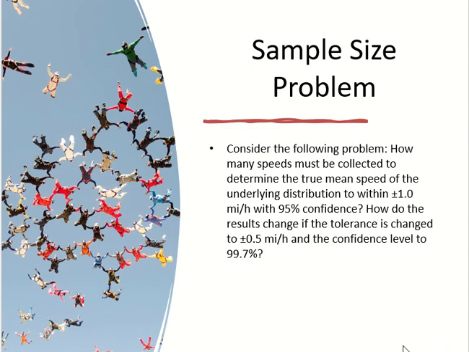Okay. So for example, if you have this problem, we have to find out how many speeds must be collected to find out the distribution of the data. As I mentioned earlier, you must have enough values. This is why we need number of samples. If we just collect 10 samples and 15 samples, we are not sure whether we are getting the distribution or not. This is the whole idea behind the number of samples.